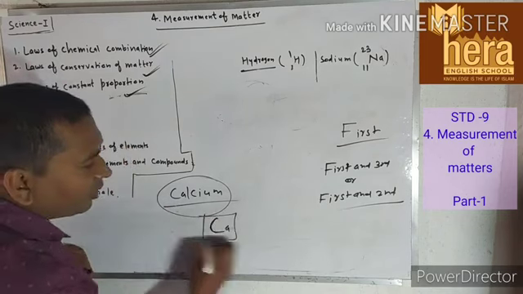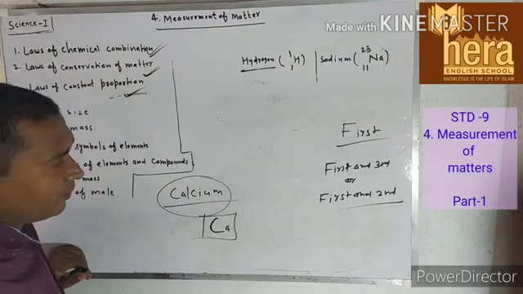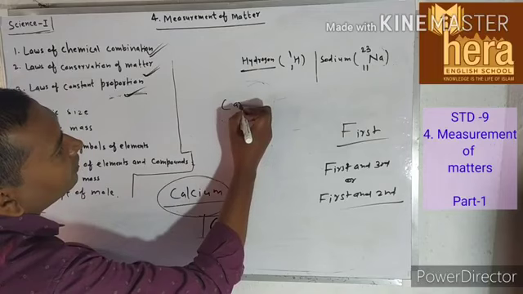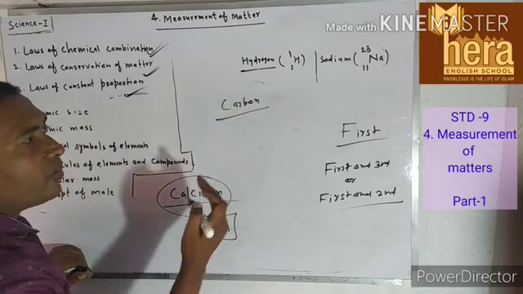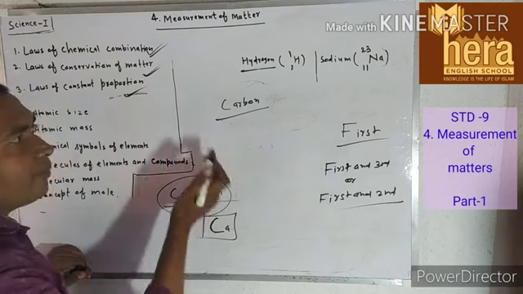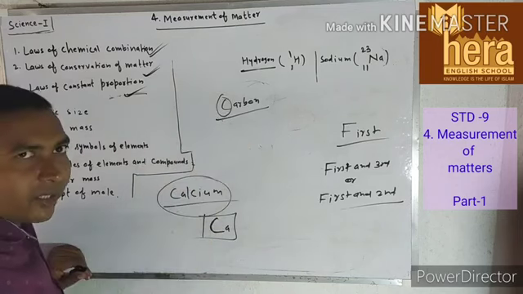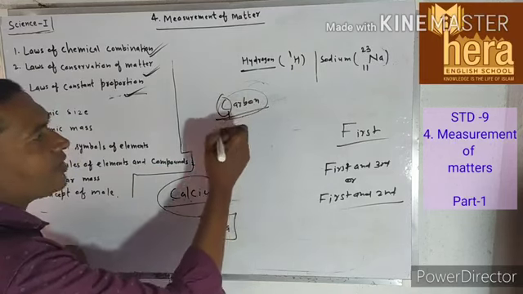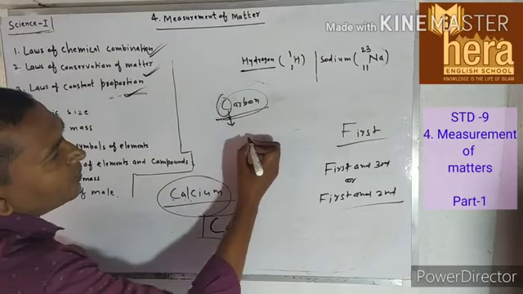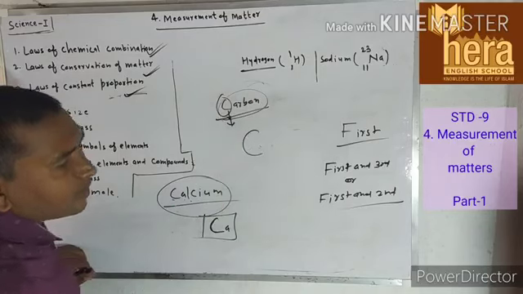Now this is the symbol of calcium. For example, carbon. I have already told you, we prefer the first letter, or first and second letter, or first and third letter. In the case of carbon, we take only the first letter, and the first letter is always capital. So write C. C is the symbol of carbon.